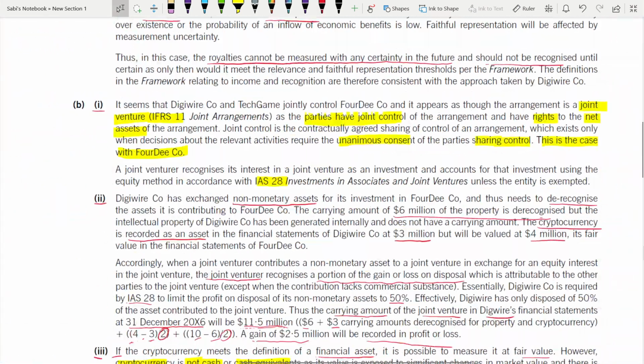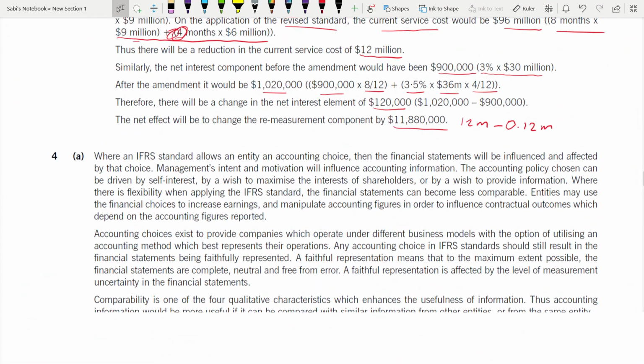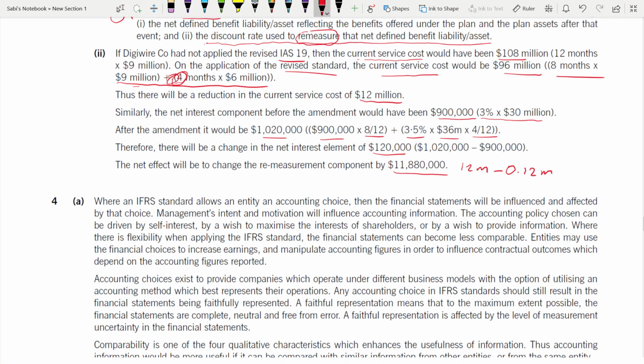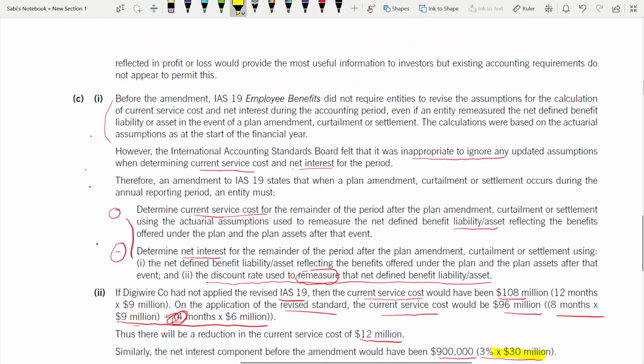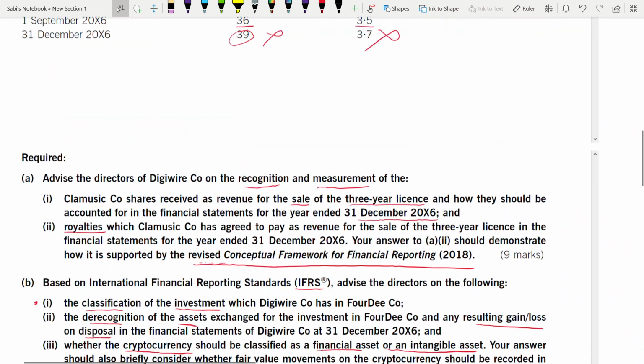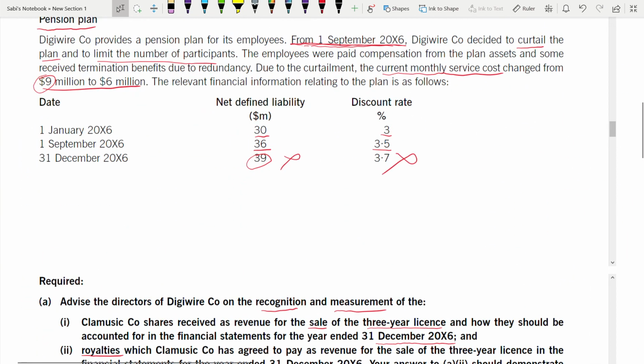If you see here, 3.5, so that calculation is very important. Looking at the date, don't just take 31st December. Because what it means here, with this we finished also question 3. What this means is on that last date it is 38, it has to be 39 and 3.7%. But from 1st of September to 31st December it is 3.5 on 36. That's what it means.